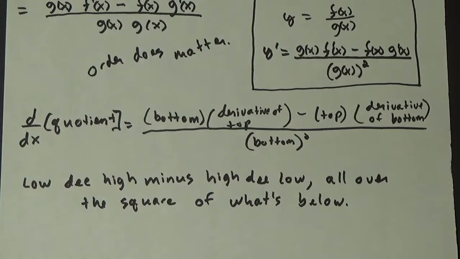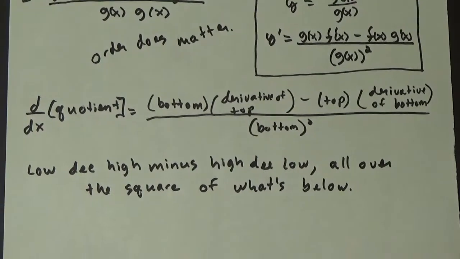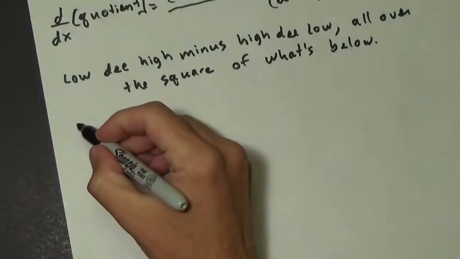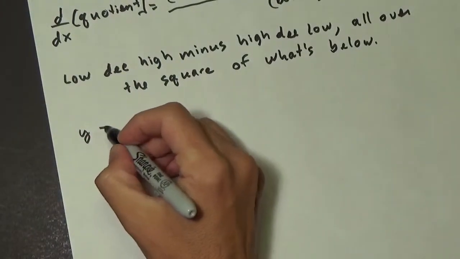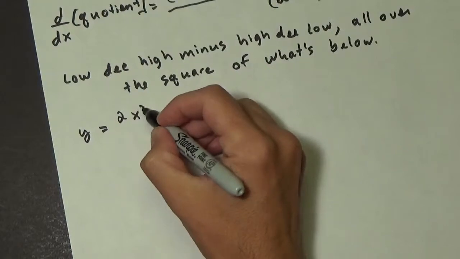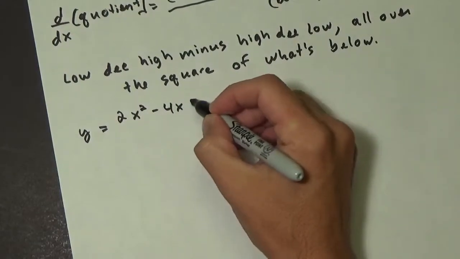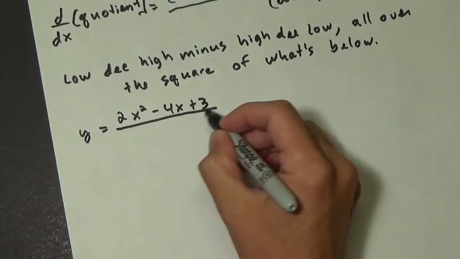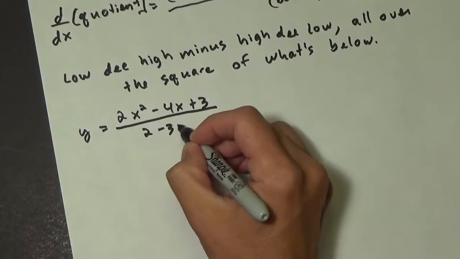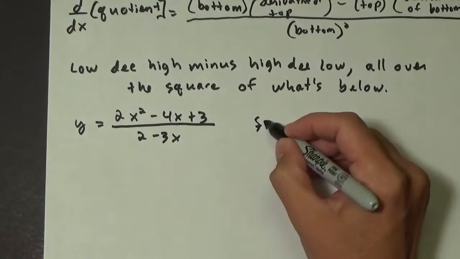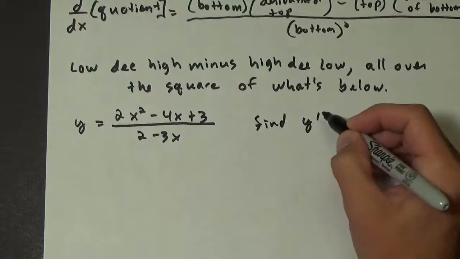Okay, so let's go back to our example. Our example was y equals 2x squared minus 4x plus 3 all over 2 minus 3x, and we wanted to find y prime.